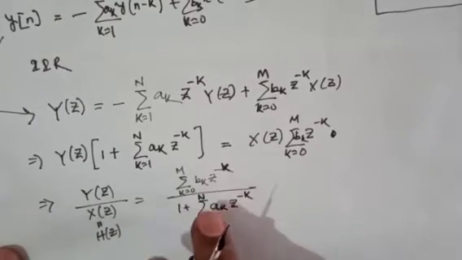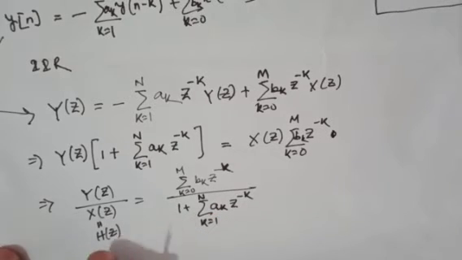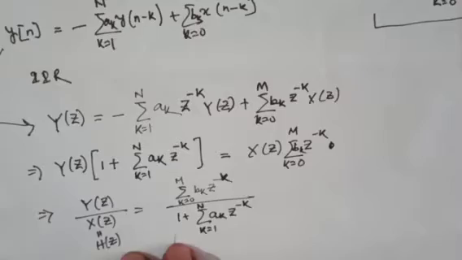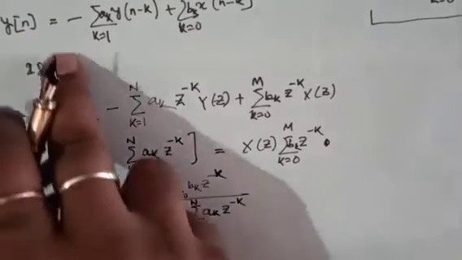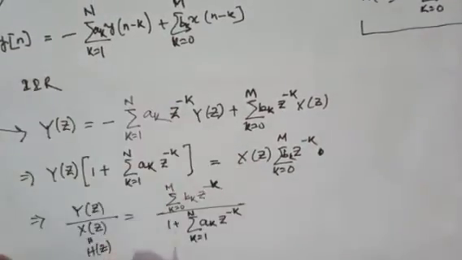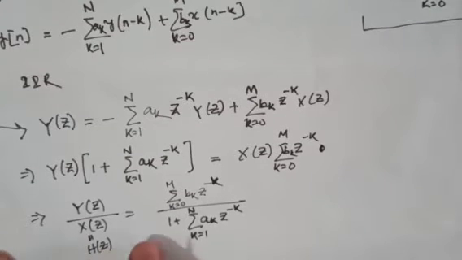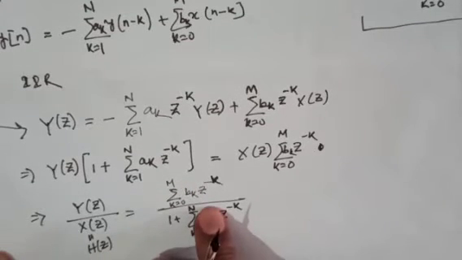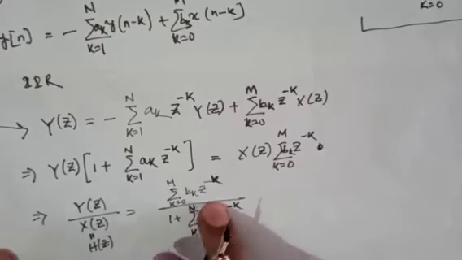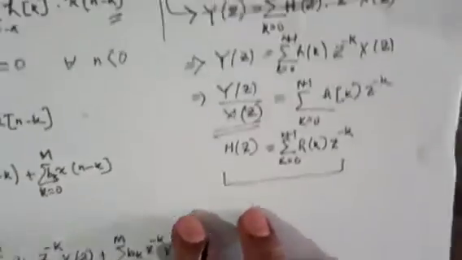But a finite polynomial divided by a finite polynomial may be an infinite polynomial. That means h of n is infinite. But practically to realize it, we go through this process, and in the z domain, or in the transfer function, it is this.